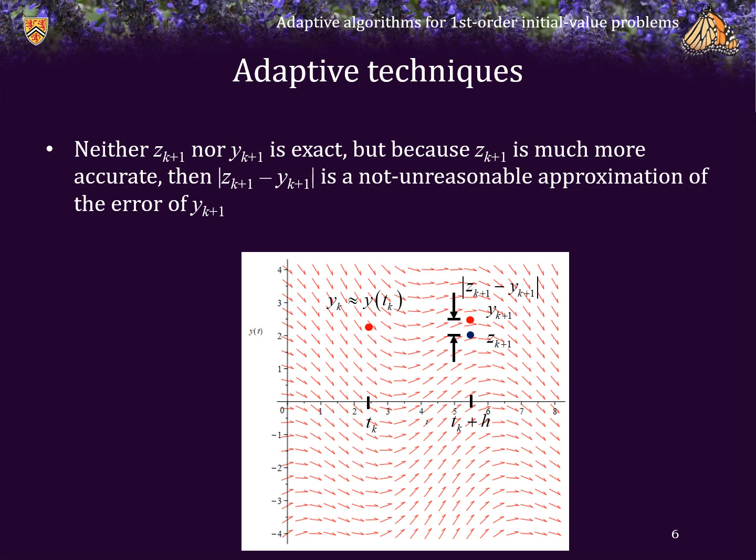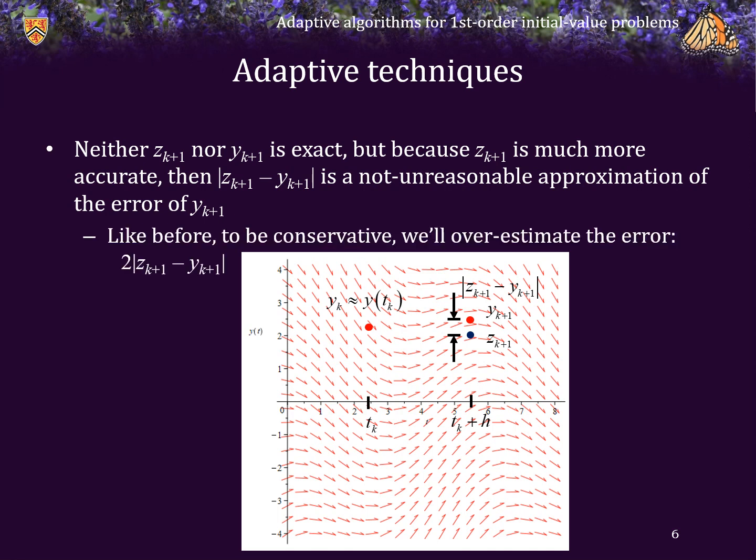So we calculate that difference, and we will assume that it is the error of the worse approximation. Now, as with the previous topic, we're going to be a little conservative. We're going to overestimate the error. So we will calculate this difference and take the absolute value, but then we'll double it. So this should seriously overestimate the error of the less precise value y_{k+1}.